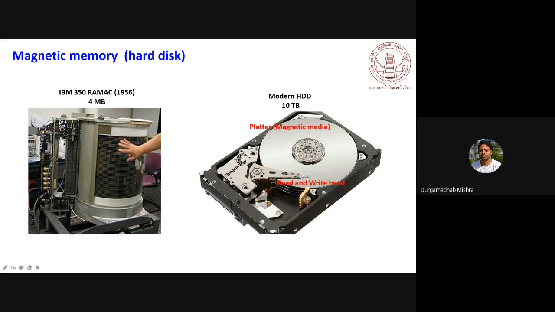Both can move: your read and write head can move, and you can also move your platter. Both have to move mechanically, and then you can access the point where you have stored your data or information.